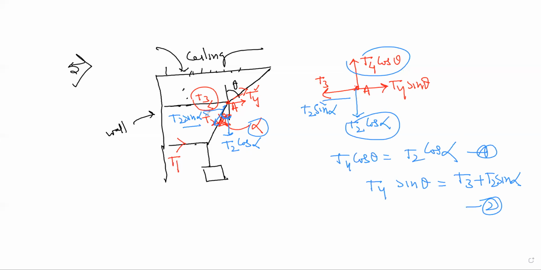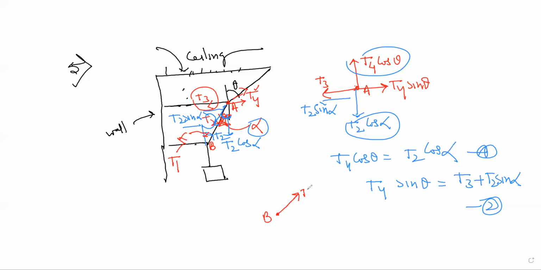Now I have assumed tension in this string is T2, so of course tension will remain the same, T2, and this was angle alpha, so of course this will also be angle alpha. Suppose I have assigned this point B. So what is happening at point B?